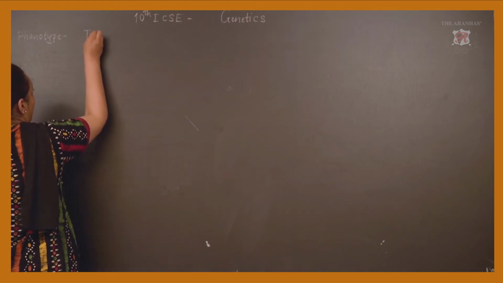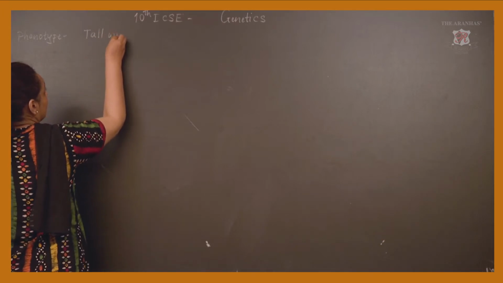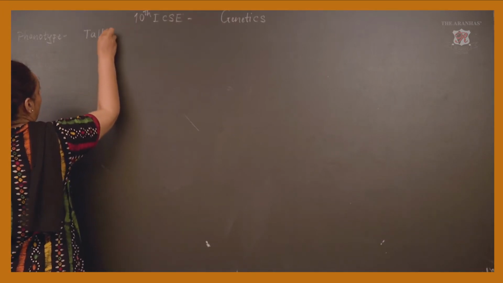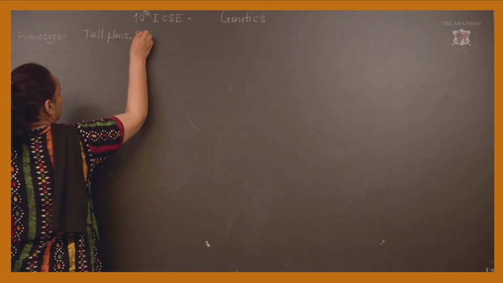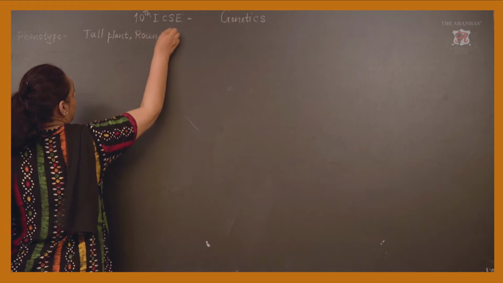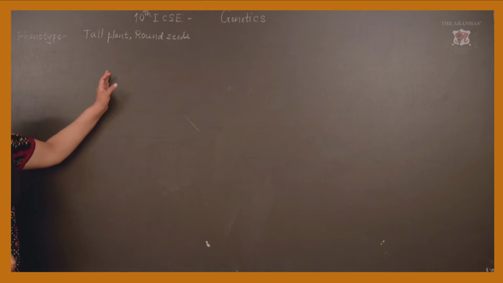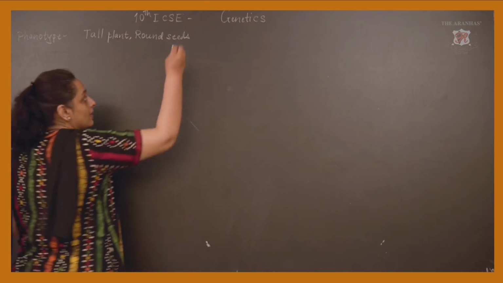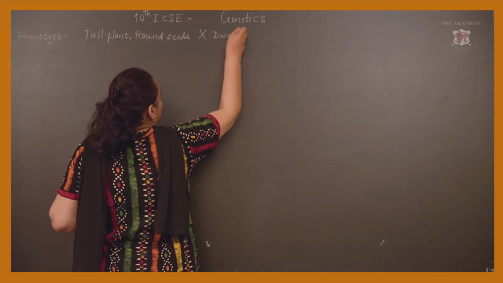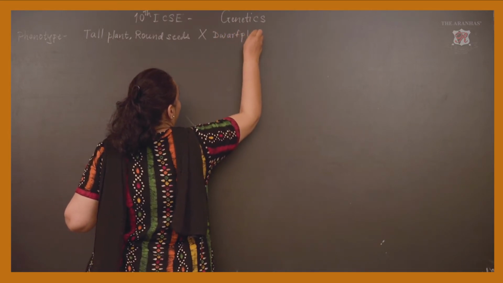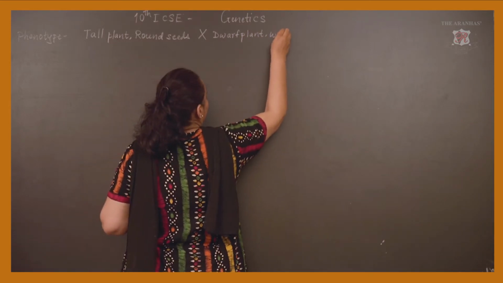So our first parent is tall plant, round seeds. This is crossed with dwarf plant, wrinkled seeds.